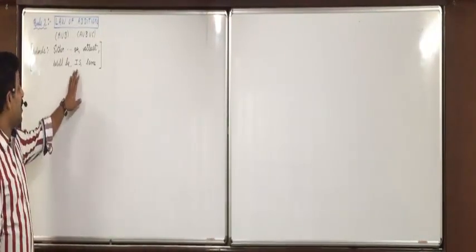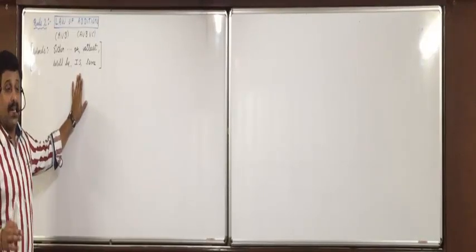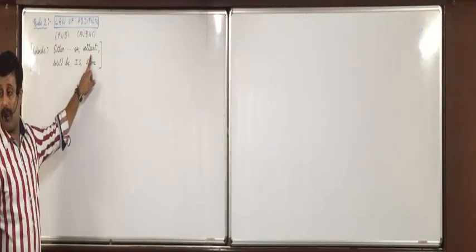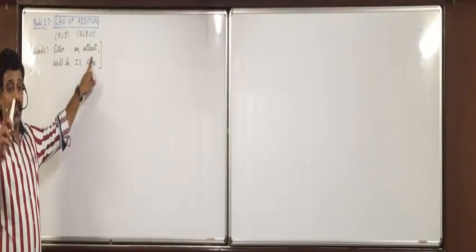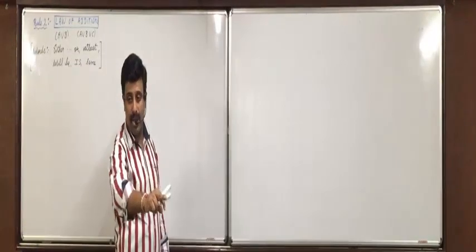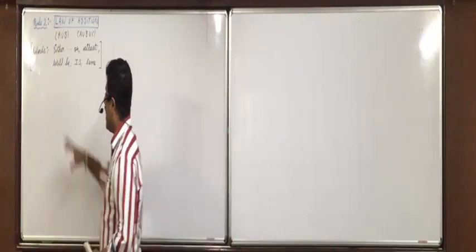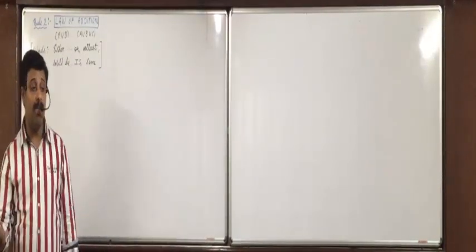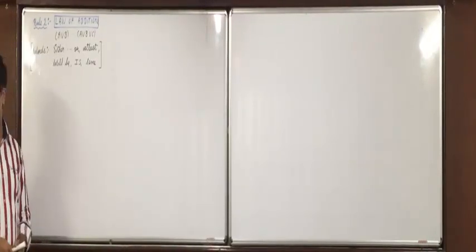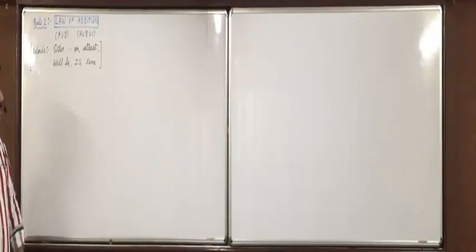So what is the hidden meaning of the word is? Either or. If I say, what is the probability that at least one of them solves the problem? At least one of them solves the problem again means what? Either Dara solves it or Sara solves it or both solve it. If I ask, what is the probability that the problem will be solved? Again, either Dara solves it or Sara solves it or both of them solve it.